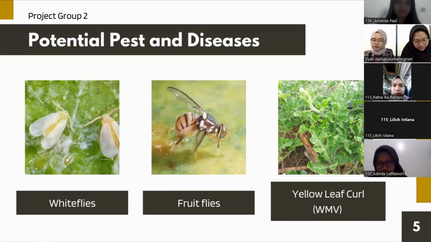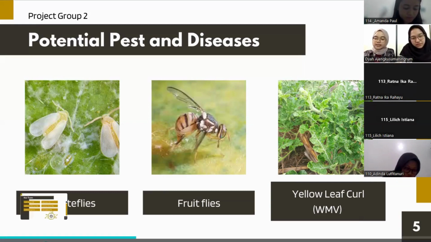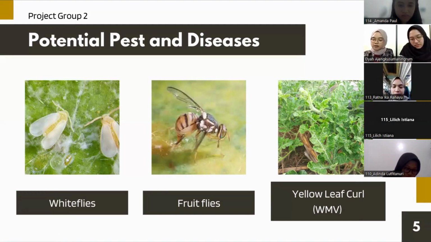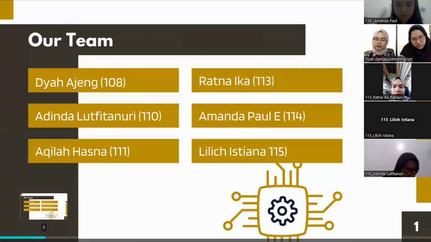Due to attacks by fruit flies, a punctured wound appears on the skin of the fruit, with a white spot that becomes wider and wider as the color changes. The flesh of the attacked part becomes more reddish and aromatic, and a little sour. And then next, the yellow leaf.